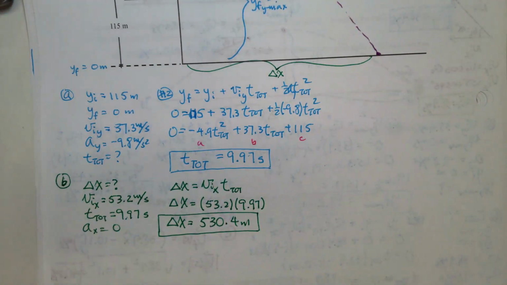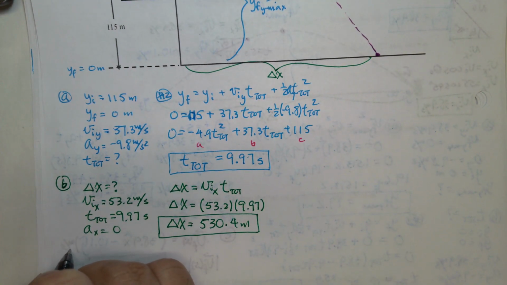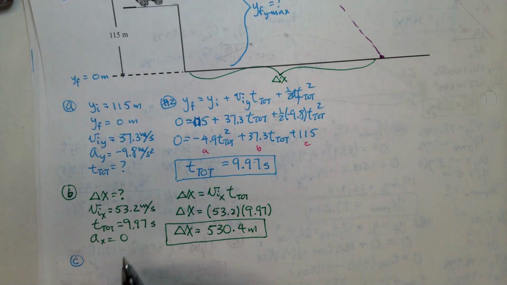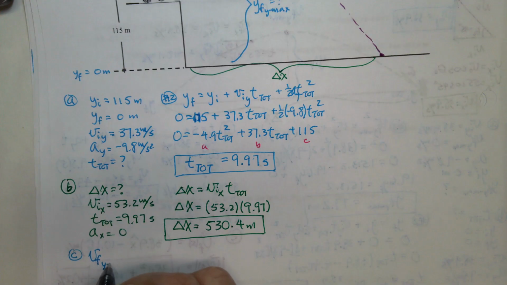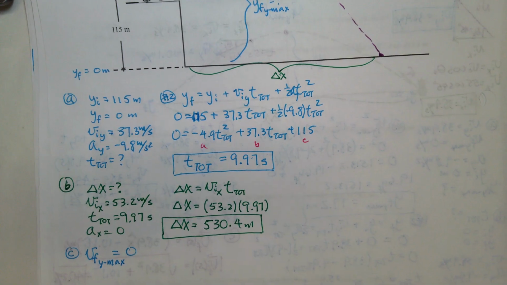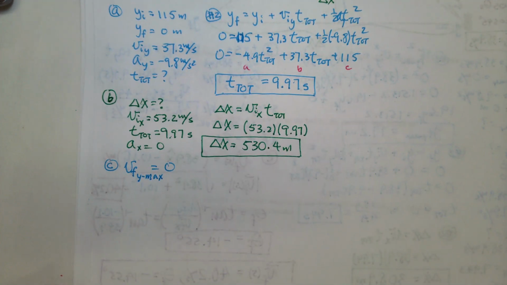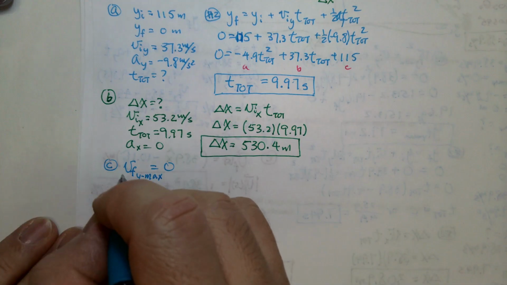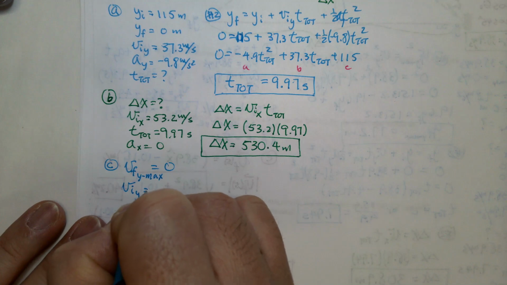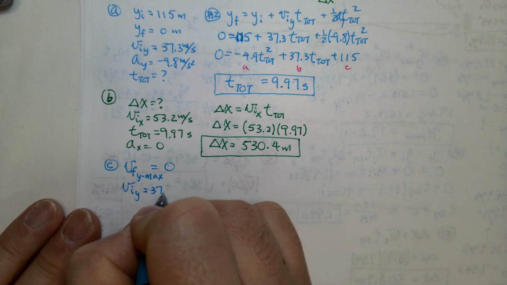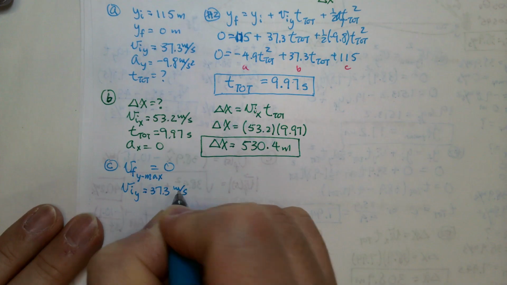So let's write down everything we know for part C. My VF at y max is equal to 0. So it stops instantaneously at the maximum height. I already know my VIY is equal to 37.3 meters per second.